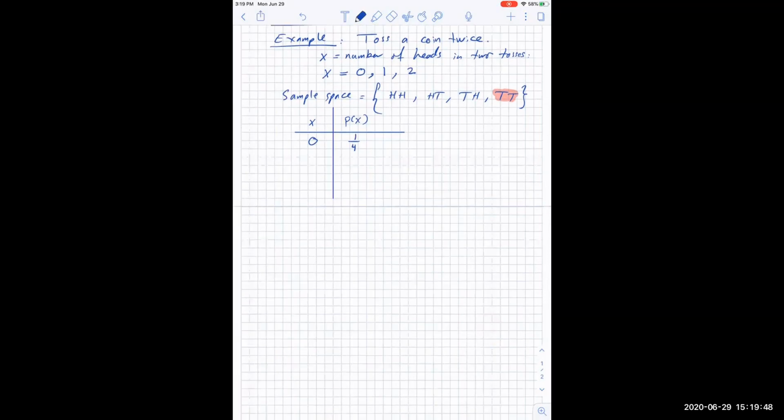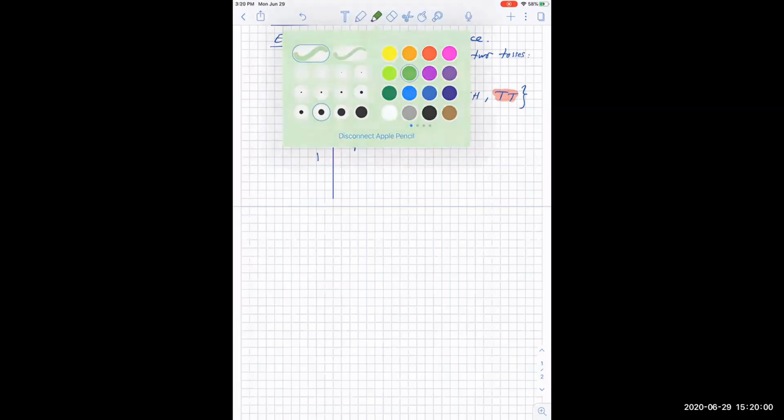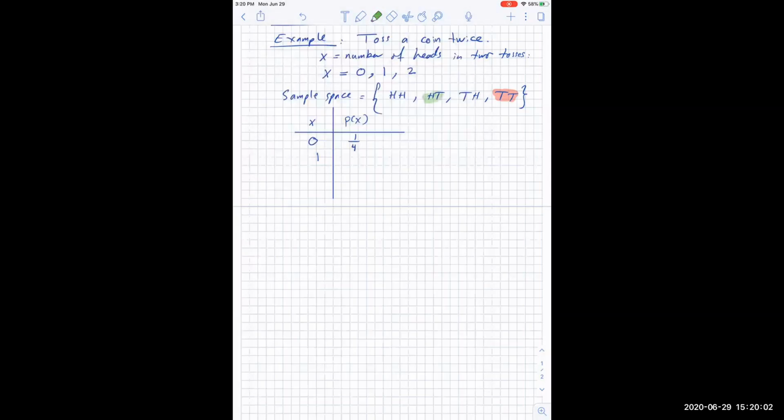What is the probability of exactly 1 head? Well, how many of these outcomes have exactly 1 head? We have 2 outcomes. Either the first one is head, second one is tail, or the first one is tail, second one is head. 2 out of 4. So the probability of 1 is 2 out of 4.